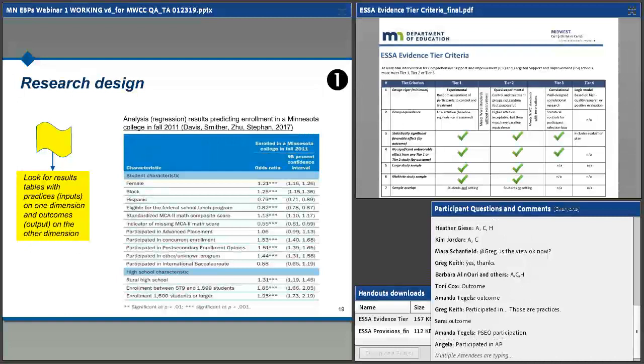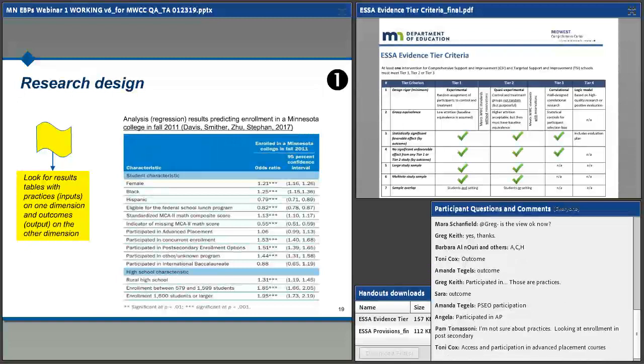There we go. Yeah, any of these participation rows are going to be practices. Participation in AP, participation in concurrent enrollment, etc. Those are all the practices of interest.